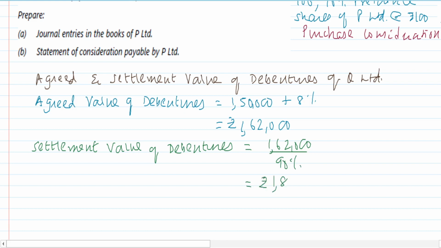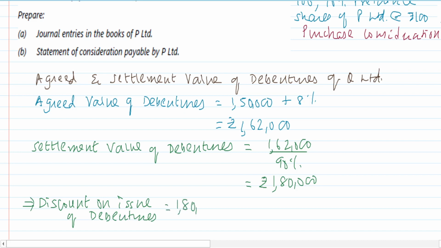So that is turning out to be 1,80,000. So this implies discount on issue of debentures, right? You can yourself see now. It will be 1,80,000 minus 1,62,000, which is turning out to be rupees 18,000, right? 18,000 is representing 10% of the discount.